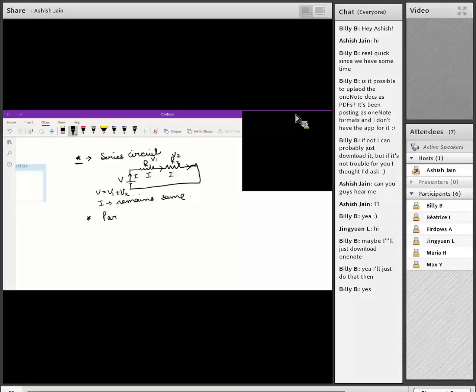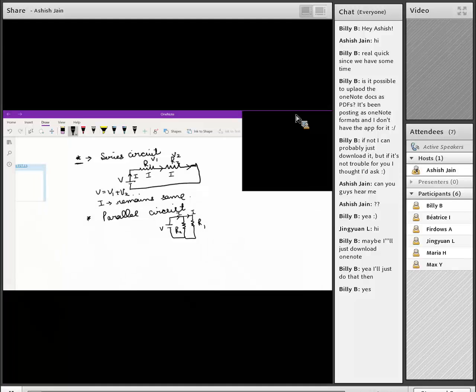Parallel circuit. The total voltage across R1 equals the voltage across R2 equals the total voltage.